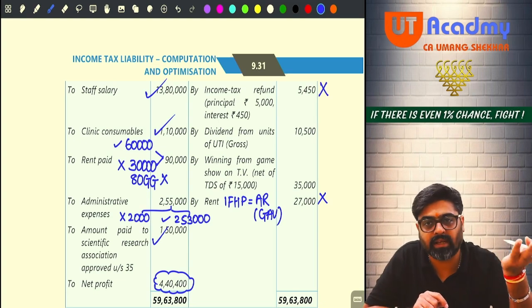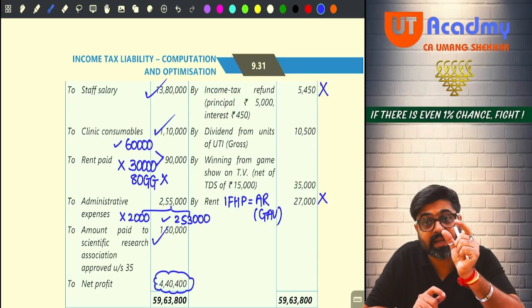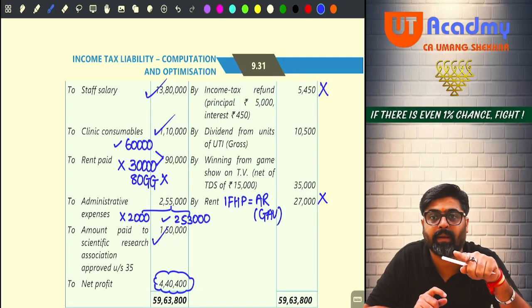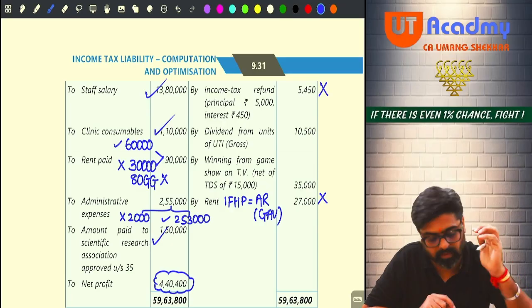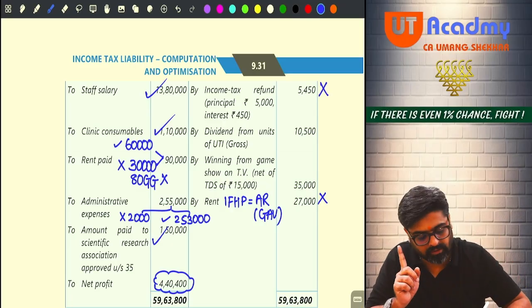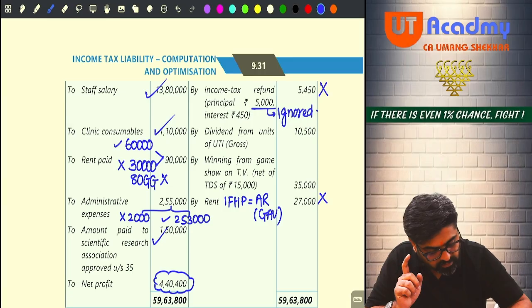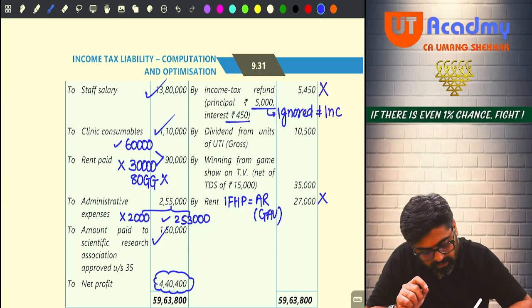The tax which I have paid, that is coming back to me. That 5000 is not my income, but the interest on that income tax refund will be my income, taxable under the head IFOS. So whenever I bring this 5450 in IFOS, this 5000 will be ignored since it is not my income, and 450 will be my income from other sources, taxable.